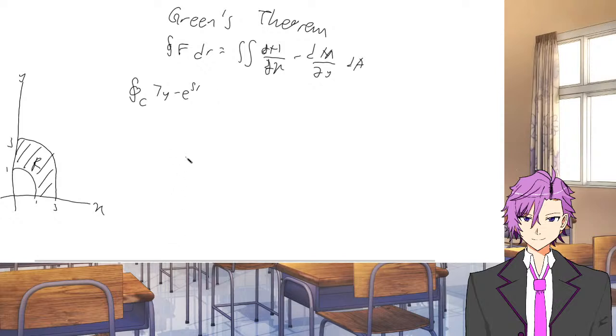Oops, no, that's the wrong question, my bad. e^x plus 6xy dx, that is the M, plus 8x squared plus sine y squared.